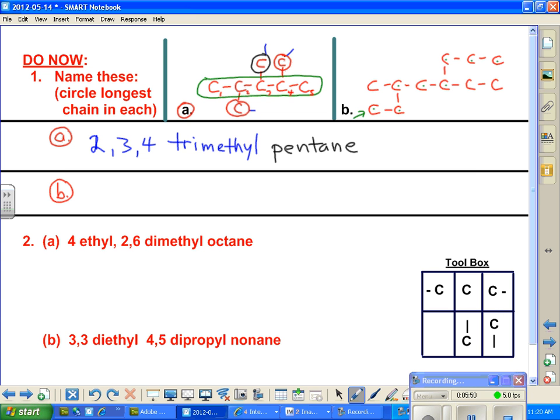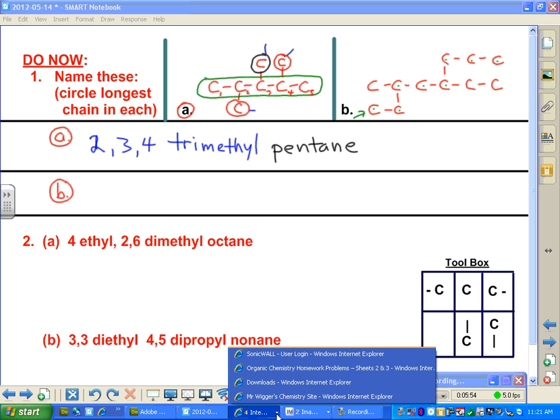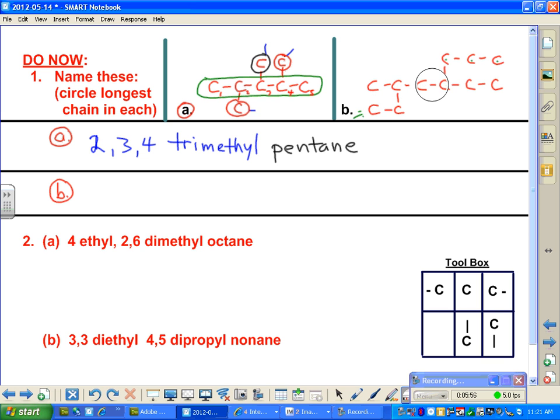So what we've just done is identify the longest chain as being something that you might not have suspected. So let's go ahead and number this one, and we'll also circle the longest chain. So here we go. 1, 3, and up and around. Boy, this just goes all over the place, doesn't it?